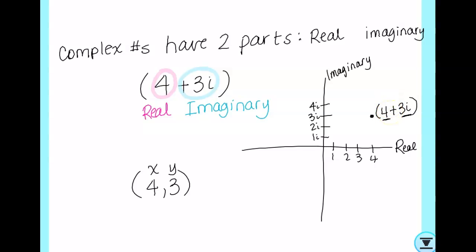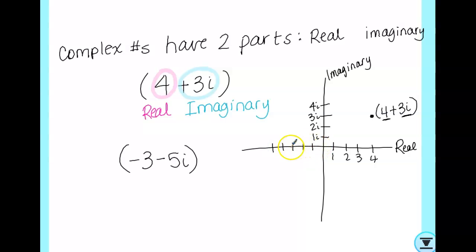So if we wanted to graph the complex number -3 minus 5i, we would first go to -3 on the real axis, because here's your real number, and then we would go down to 5i on the imaginary axis.